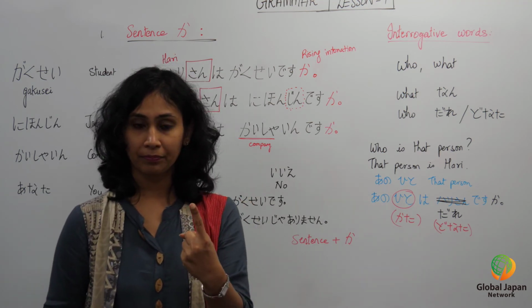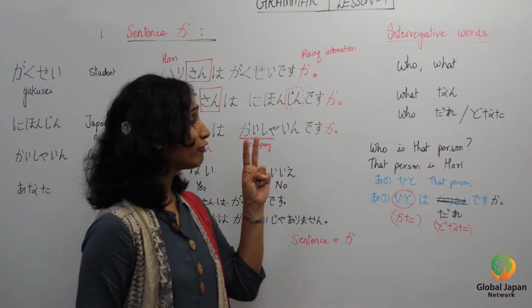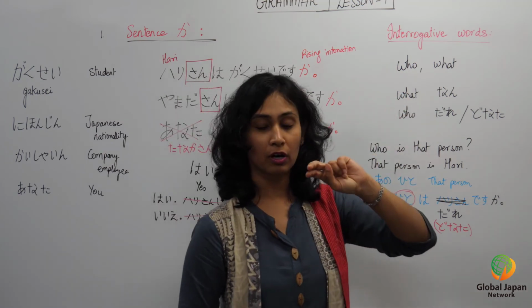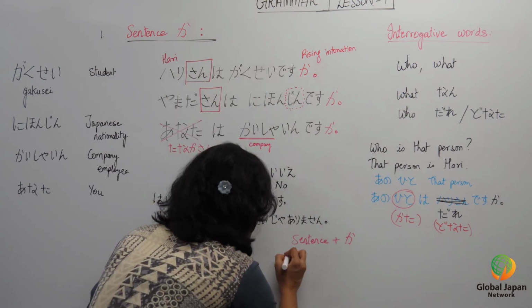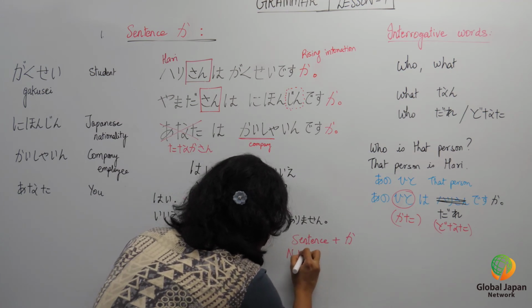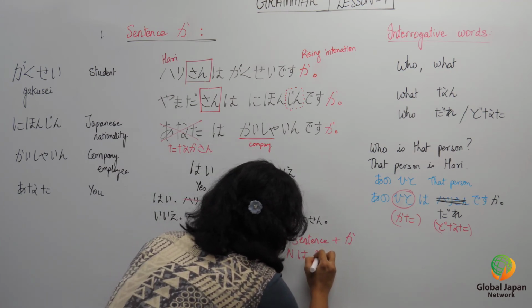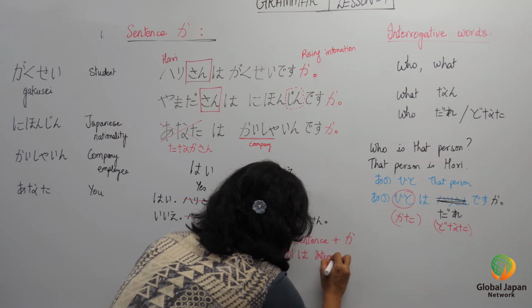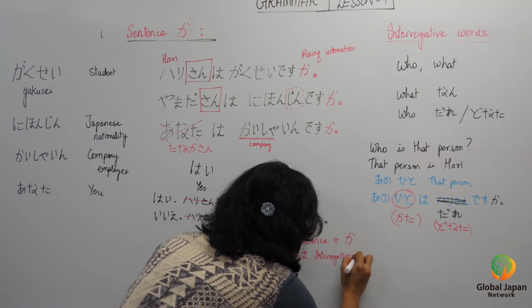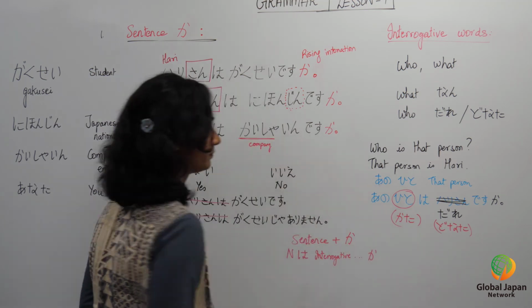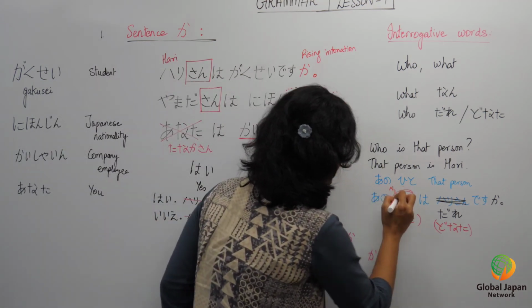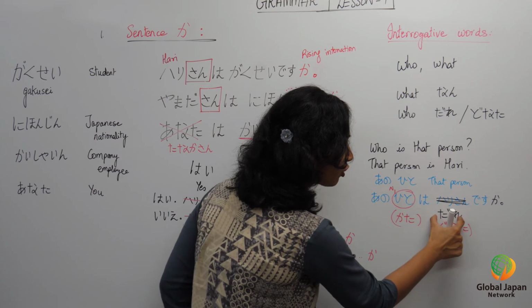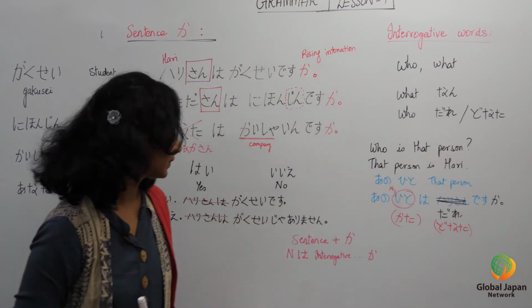That's the first thing. Second thing, if you have to frame questions with interrogative words, in that case the pattern would be N1 wa, then the interrogative will be placed, and the sentence will end with ka. For example, ano hito wa, interrogative and then ka.